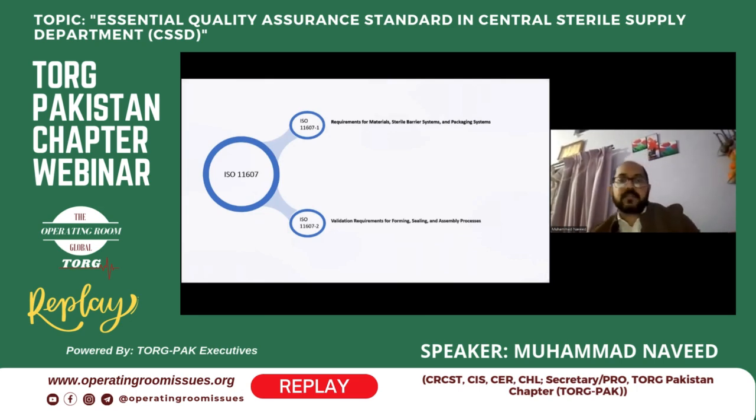The second one is the validation requirement for forming, sealing, and assembling process. ISO 11607 has two main things when we are going to achieve this standard. First one is requirements for materials, sterile barrier system, and packaging system. It means what packaging material we are using for the specific medical devices.